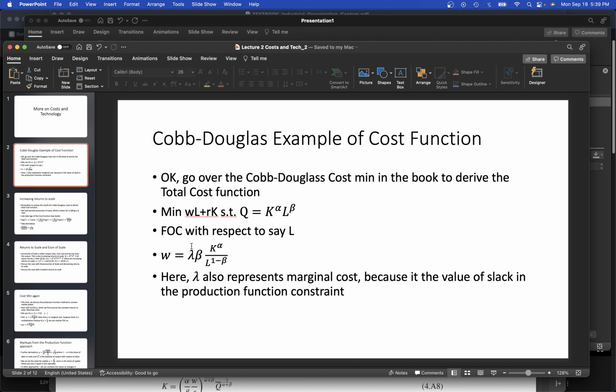Lambda here is the Lagrangian multiplier of your constraint, if you remember that, times beta K^alpha L^(beta minus 1). This is simply the derivative of your production function. So this says that if you increase L, your total cost goes up by W, but then you'll hit the constraint because you'll increase your output Q by this much.